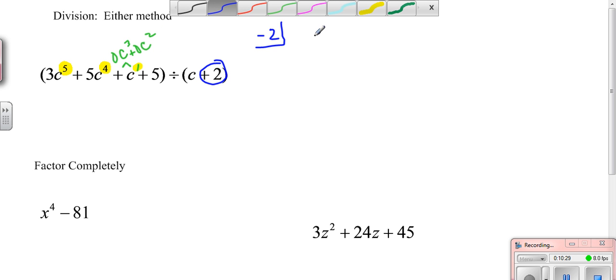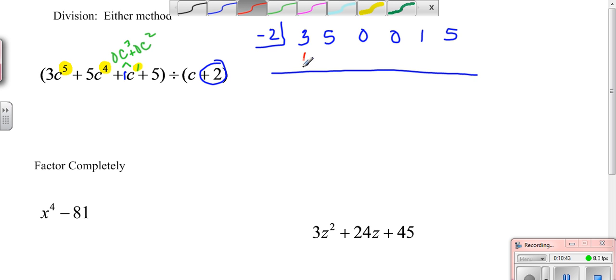So when we go and put our first terms down, our coefficients, we have 3, 5, 0, 0, 1, and 5, because remember there's a 1 here. We draw our line. The first term comes down. Negative 2 times 3 is negative 6. And then remember we're adding in synthetic.